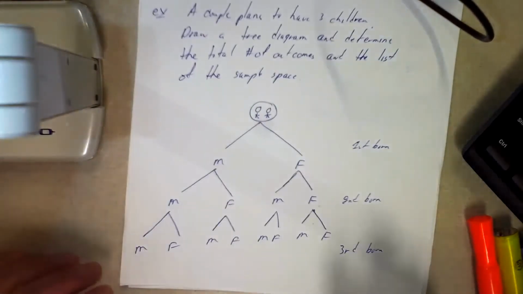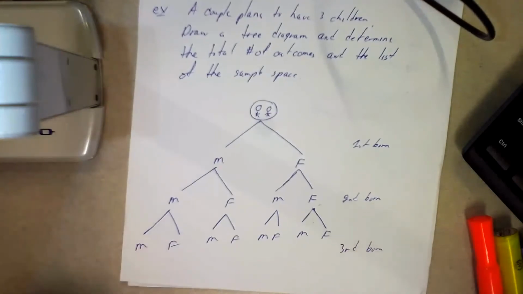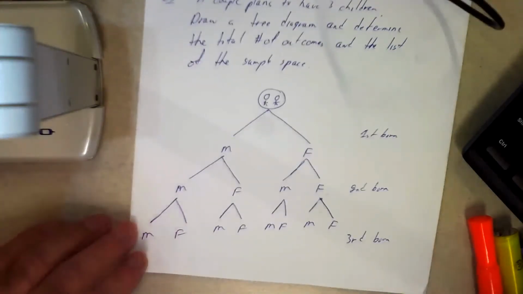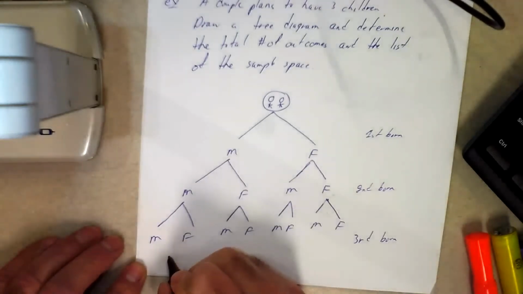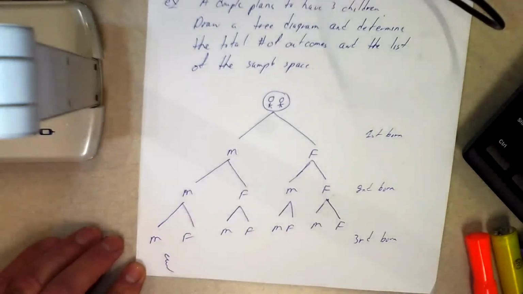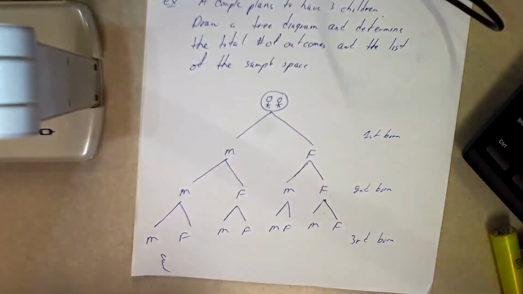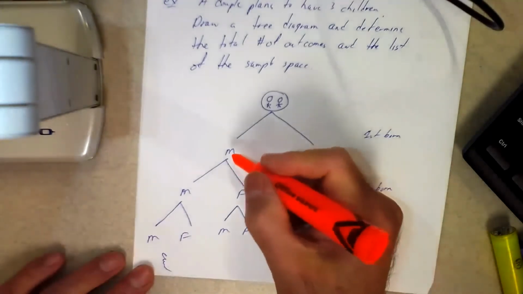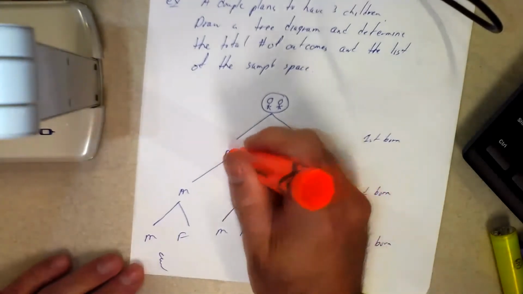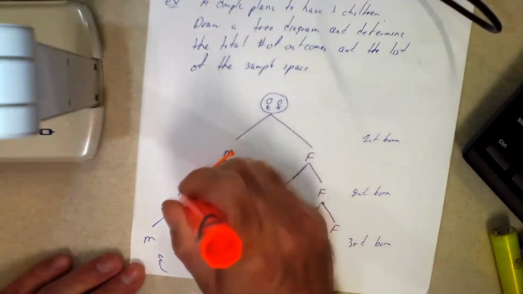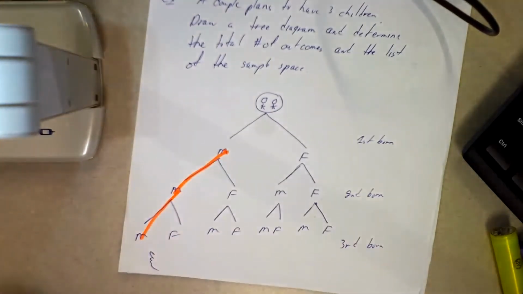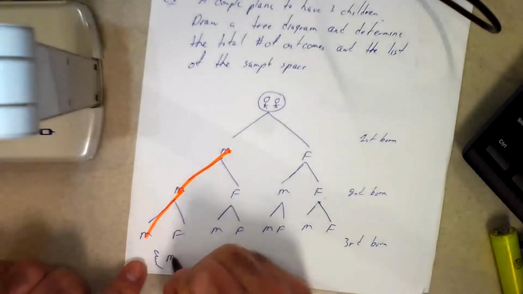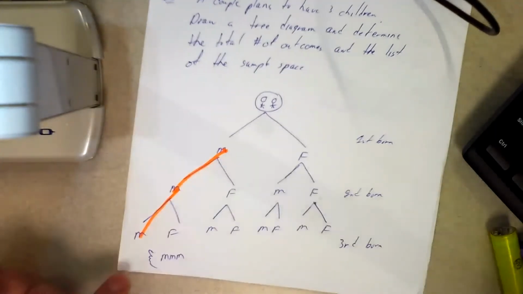And so how many total outcomes are we going to have? All right, so here's what you do. I'm going to write down my sample space. I'm going to do my little braces, and I start. If my firstborn is male, and follow it. Second one's male. Third is male. There's my first sample space. Male, male, male. So that means all of them are males.